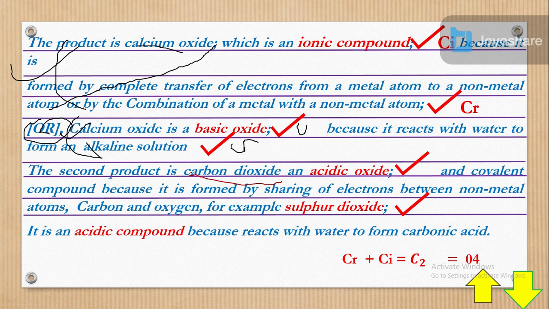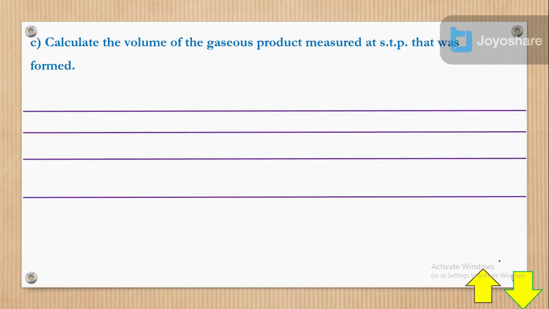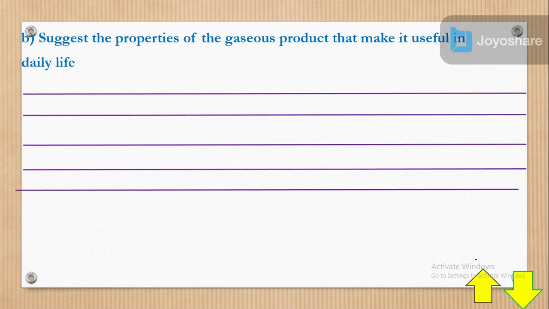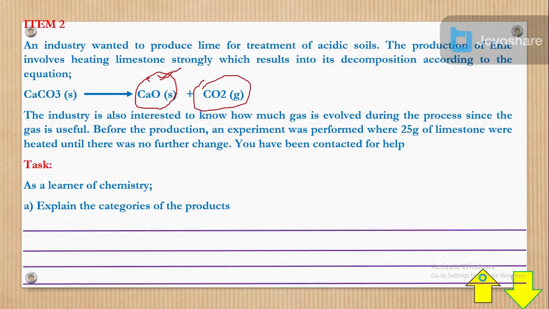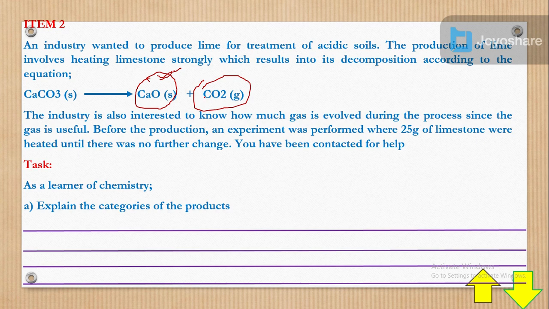But then, which kind of bond exists in carbon dioxide? Now I think here we have carbon, which is a non-metal, and oxygen, which is a non-metal, and the type of bonding which exists between non-metals, we call it a covalent bond.